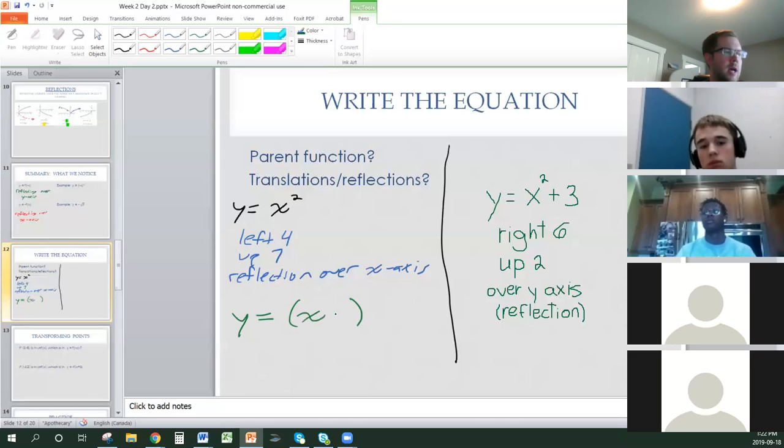So it's going to be x plus 4, and then a plus 7. Now, when it's a reflection over the x-axis, that means we're going to be inputting a negative in here, and it's actually going to be on the outside of the brackets. So when the negative is on the outside of the brackets, that means it's a reflection over the x-axis.